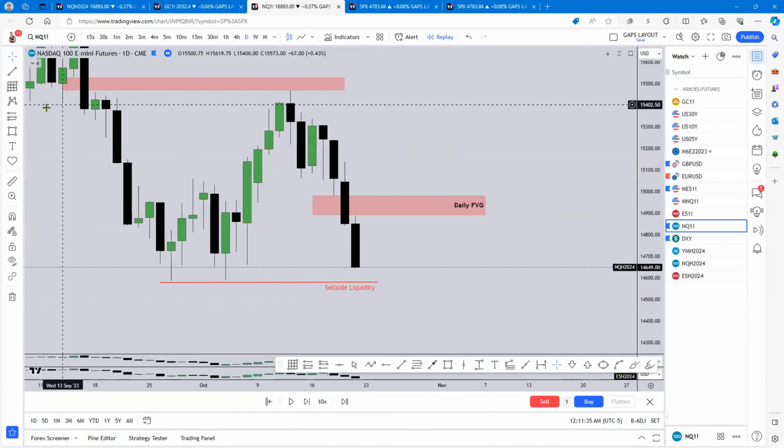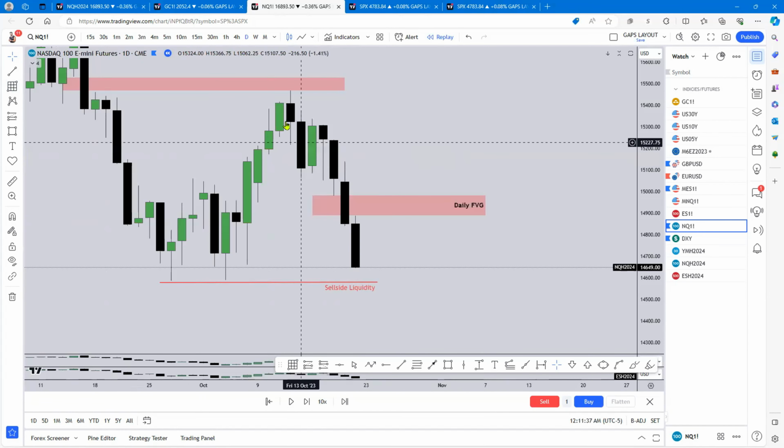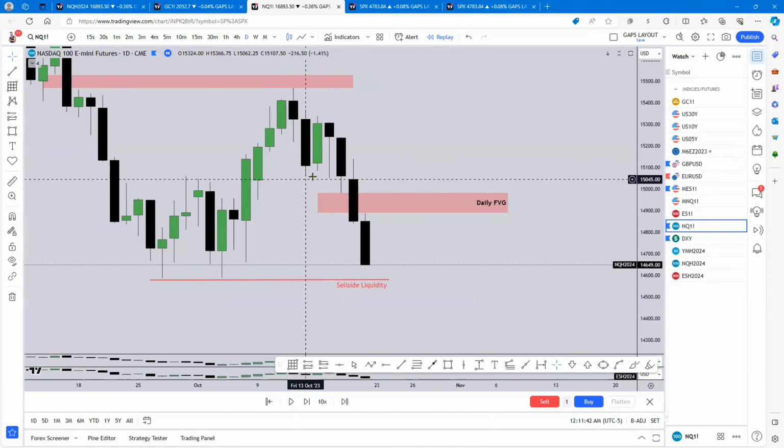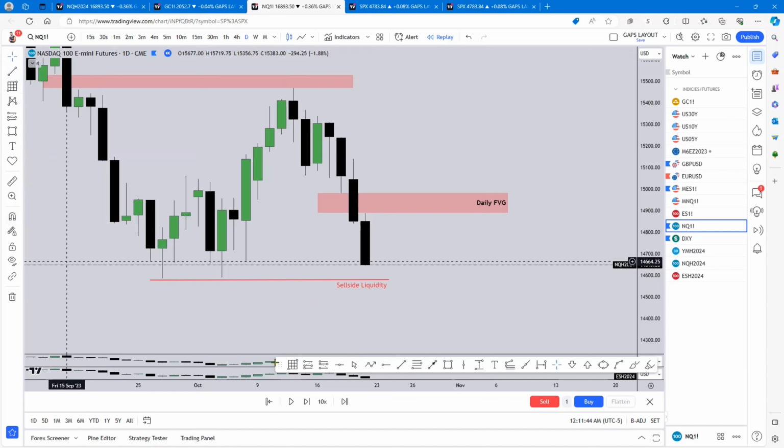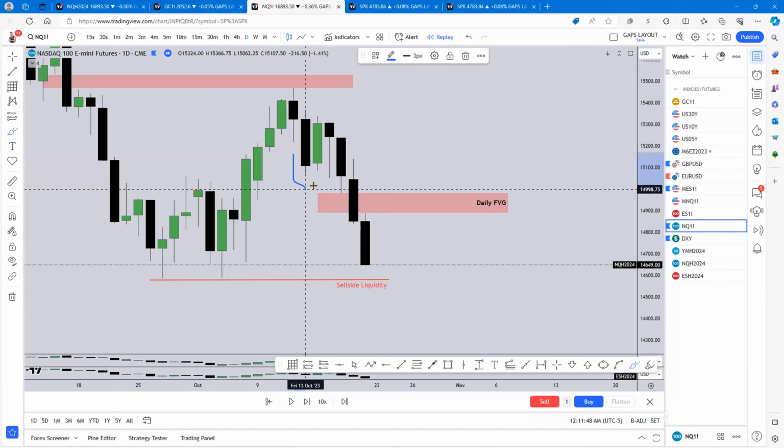Okay, so we now have this price leg down. Now we can also look at market structure. We created this swing low in here.